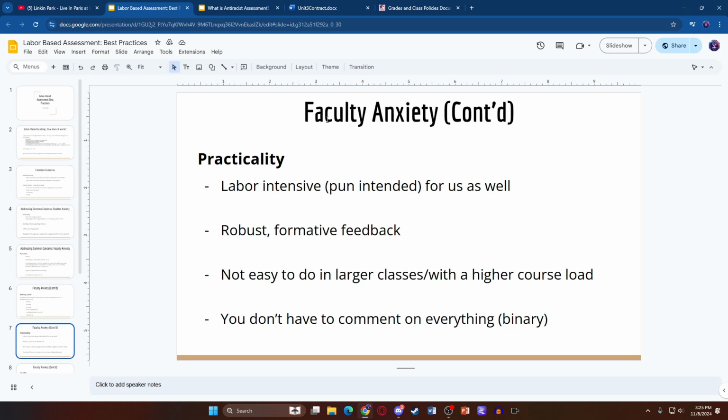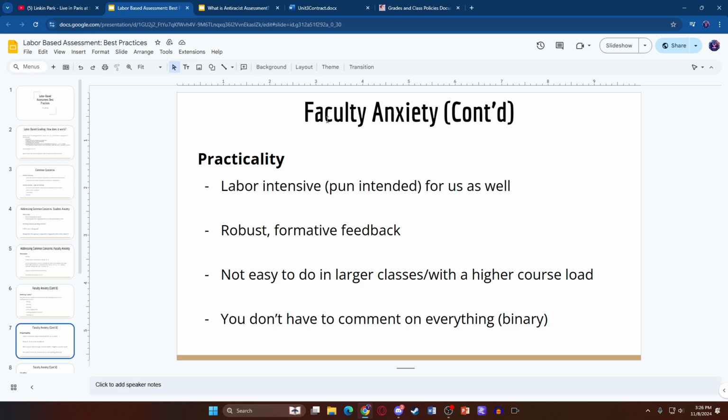you can take a more inquiry-driven approach to feedback, right? A lot of what scholarship on labor-based grading suggests is asking questions of students, right? Asking questions about their thought process, why they chose to phrase something a particular way, why they chose to include or leave out certain contexts, so forth and so on, right?